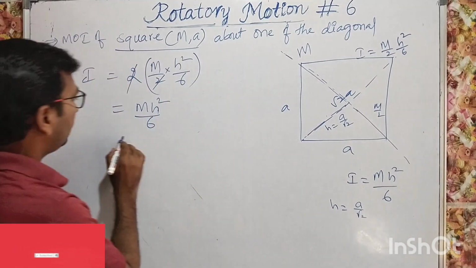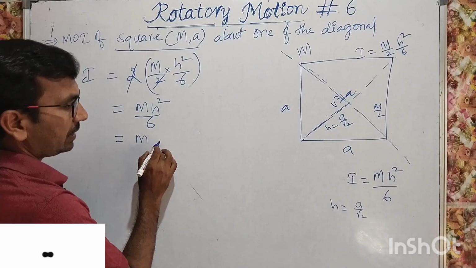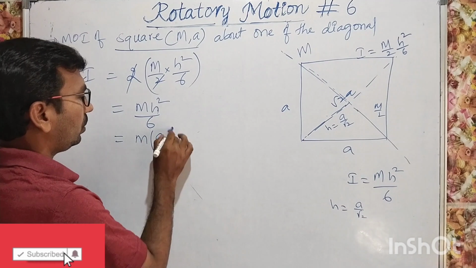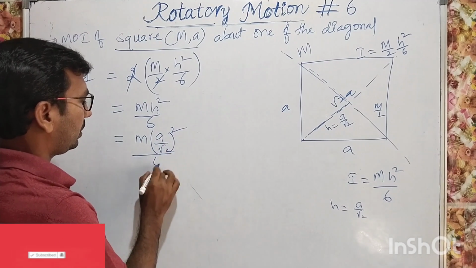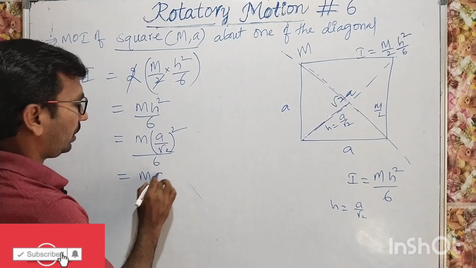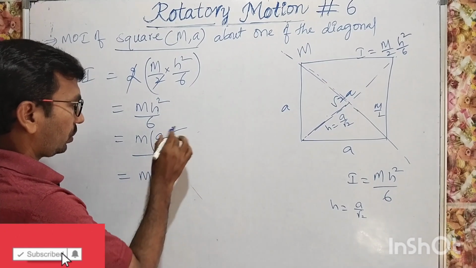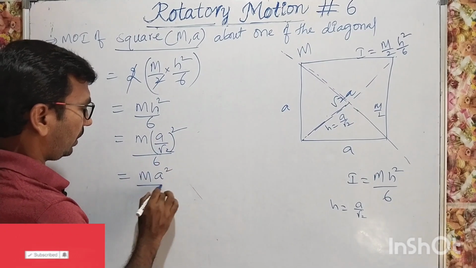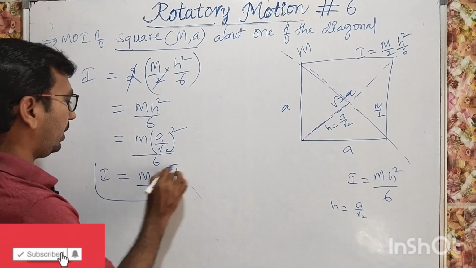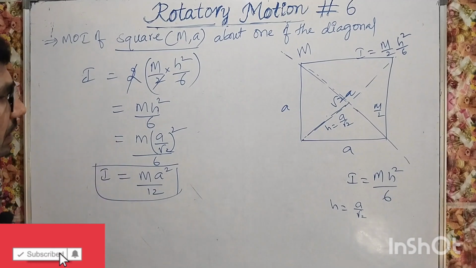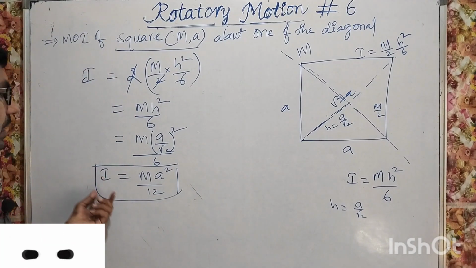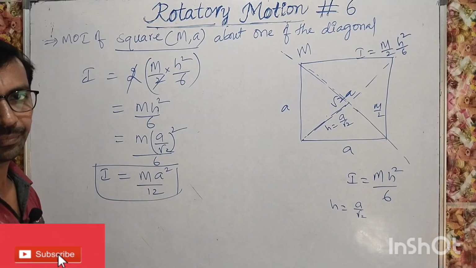Substitute here: m times a by root 2 whole square by 6. Simplify that: a square, root 2 square means 2, 2 sixes are 12. So this is the moment of inertia of a square lamina of mass m and side a: I is equal to m a square by 12.